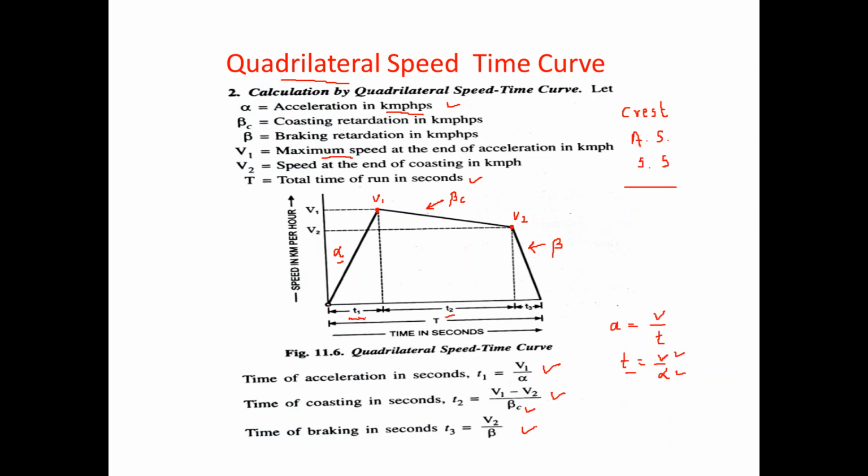Then the time in braking. During braking, T3 is the time, and the speed is V2 divided by the retardation beta. So this equation is used to calculate the time in the different phases. First you have to calculate the times T1, T2, T3.